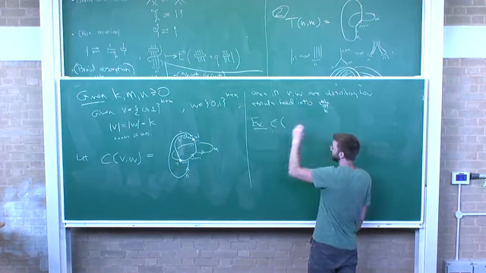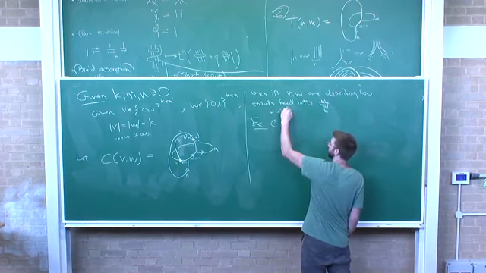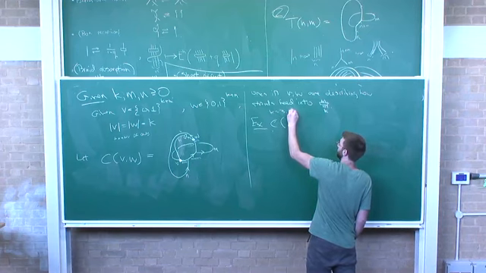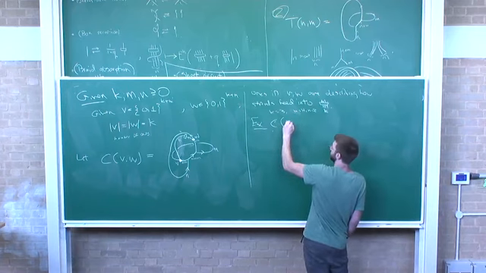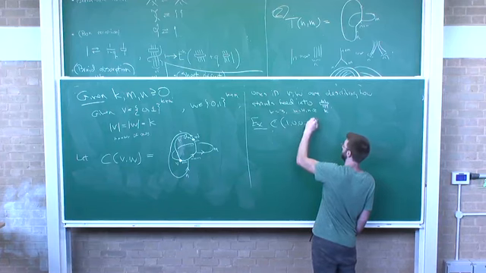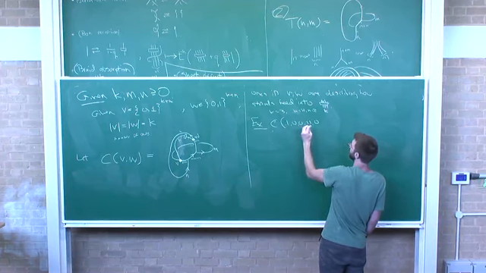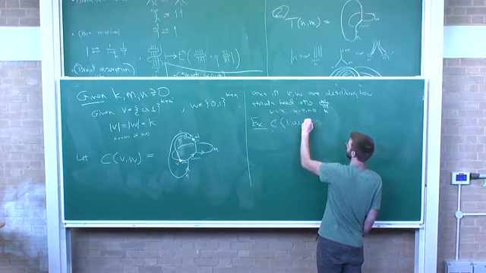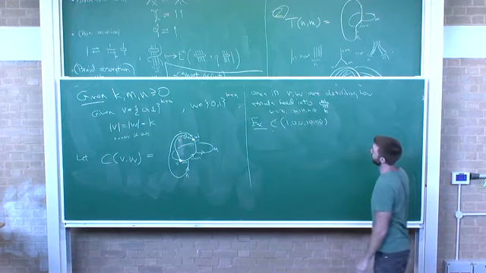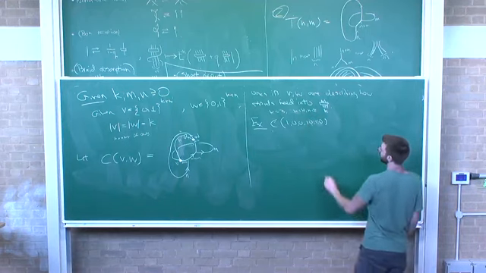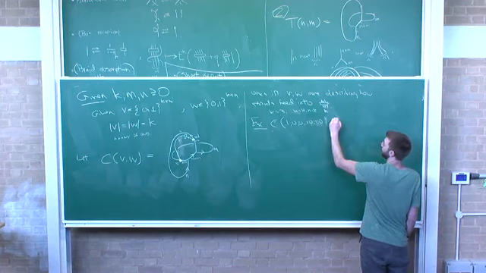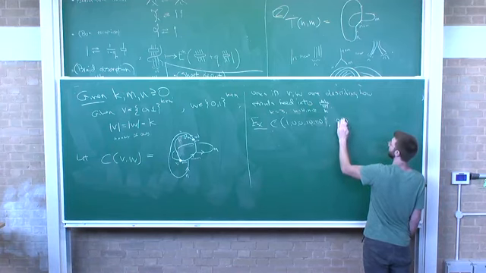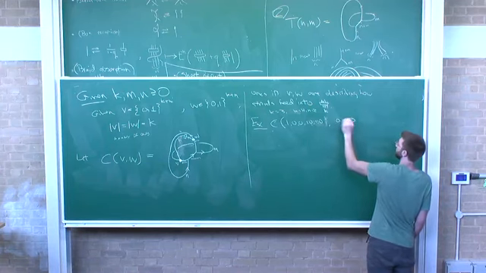So let's take k equals 3, m equals 4, n equals 2, and how about 1, 0, 0, 1, 1, 1, 0, 1, 0, something like that, and comma 0, 1, 1, 0.